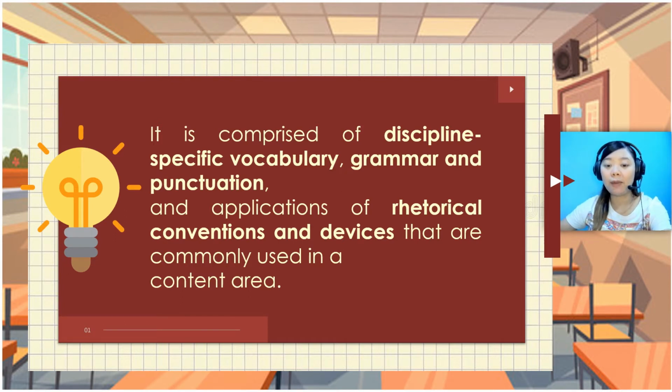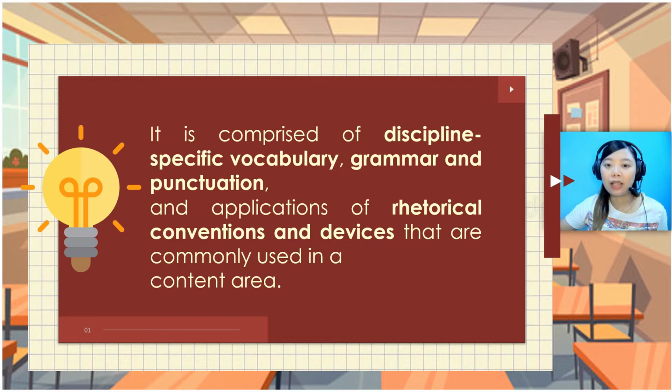And I'm talking about the rhetorical conventions and devices. These refer to the devices that we use in expressing our thoughts and arguments in the things that we write. For example, we use alliteration, onomatopoeia, or hyperbole in our sentences to make them more meaningful and to enhance your communication skills.